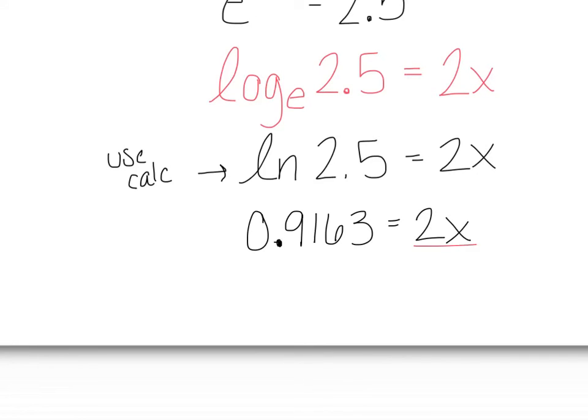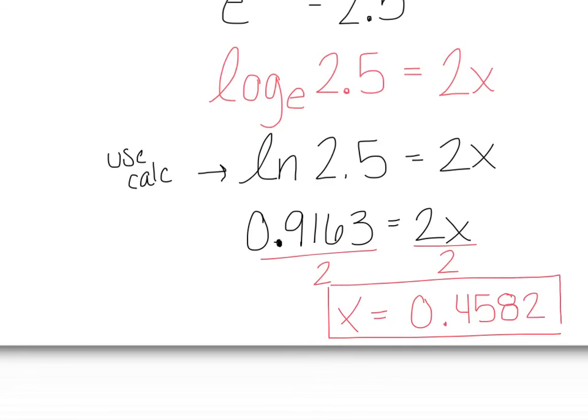Here we divide by 2 and you get your answer. x equals what? 0.82? 81? 82? I don't know. The next number is 5, so I just rounded it up. It depends on whether you typed the 0.9163 in yourself or used the answer from before it rounded. So that's either 81 or 82. Either one works.